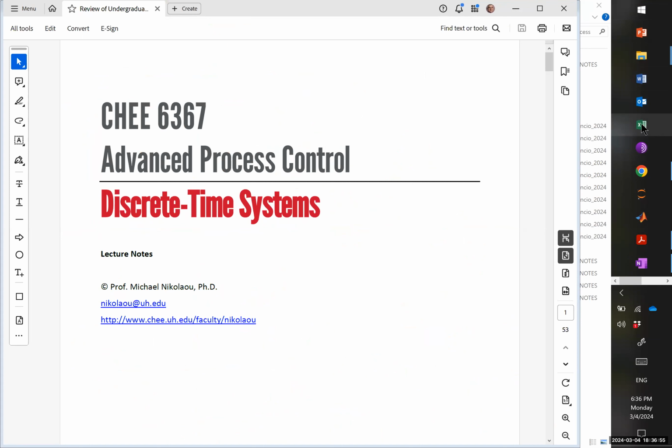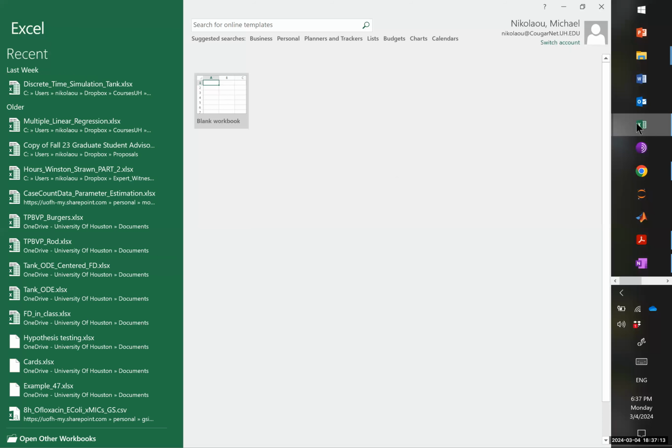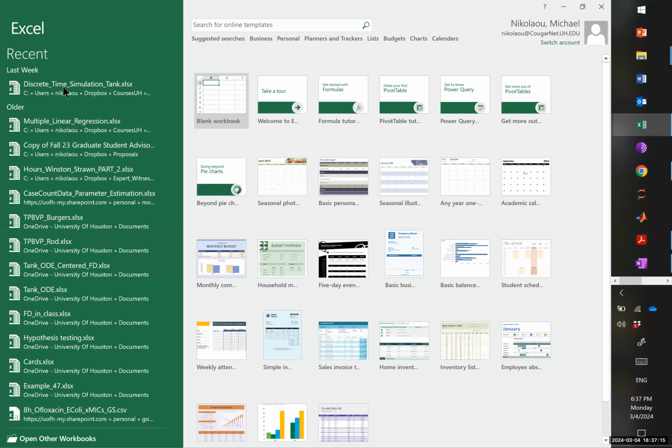So on Excel, we're trying to simulate this system.